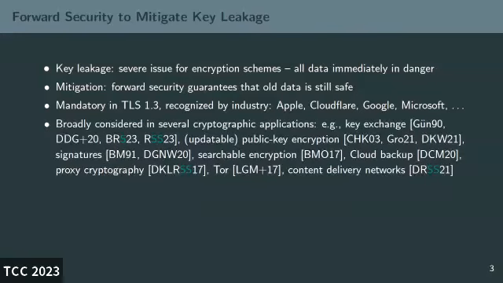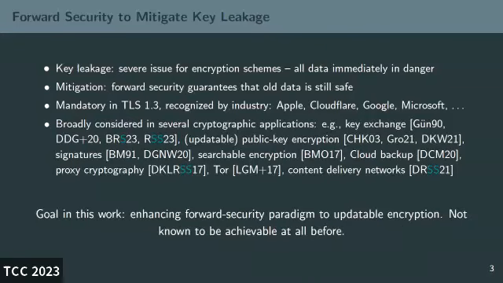And several cryptographic schemes have been considered in a variant that provides forward security. So for example, key exchange, public key encryption, signatures, and many, many more, as you can see on this slide. But this is the first work that looks into forward security for updatable encryption, and this has not been achieved before.